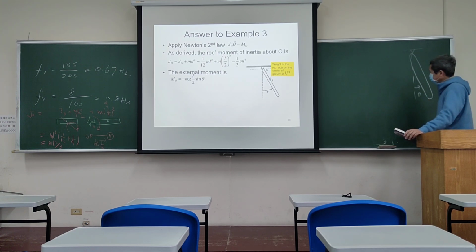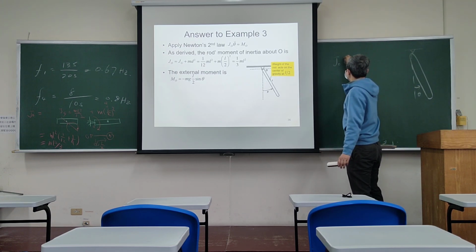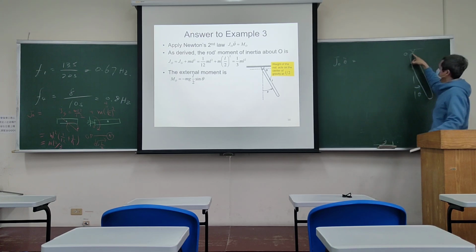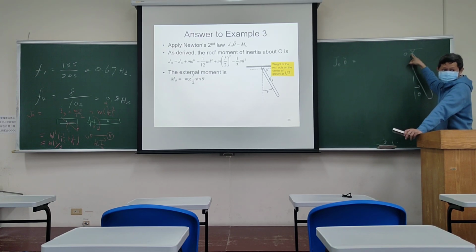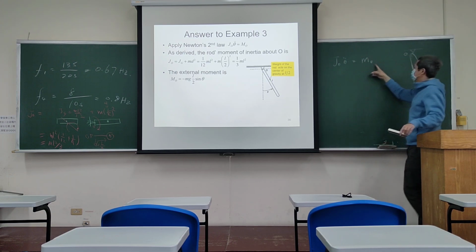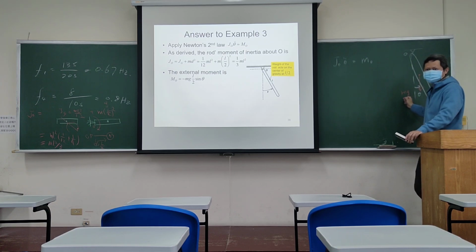In this case, if you are writing the equation of motion, you are writing J naught, the moment of inertia about the pivot O, equal to the moment sum about the pivot. So what is causing the moment? It must be the gravity. So the gravity will then have the weight mg.